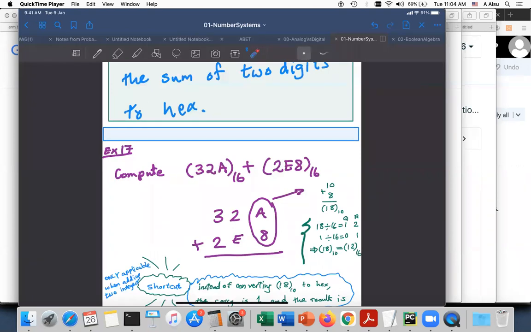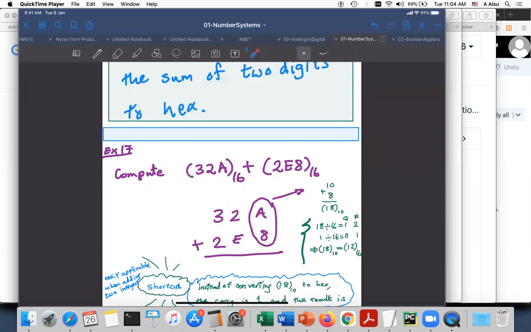So first of all, A plus 8, which is what? A is 10 and the 8 is 8 in decimal, okay? So the sum in decimal is 18. All you have to do is convert this 18 to hexadecimal, and then you get a 1's digit and a 16's digit.